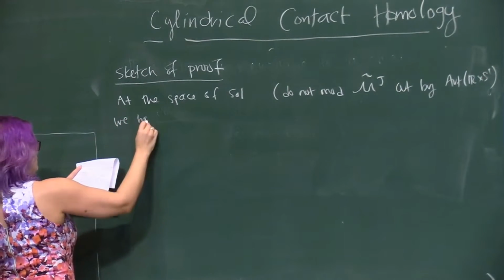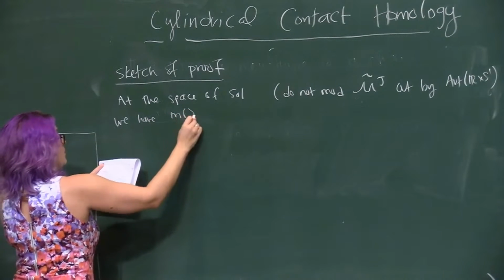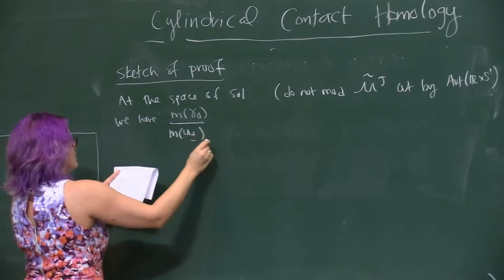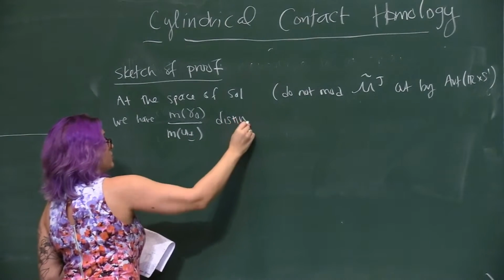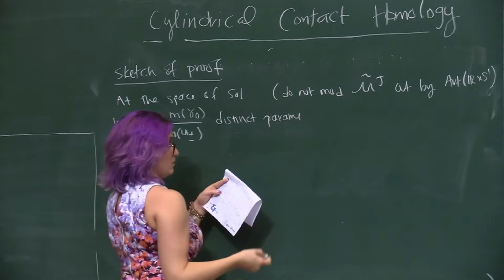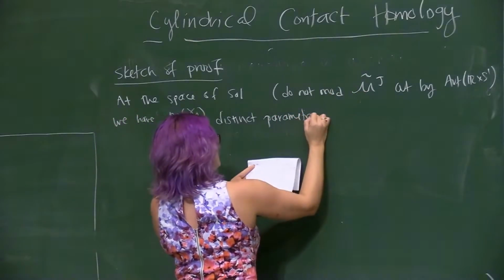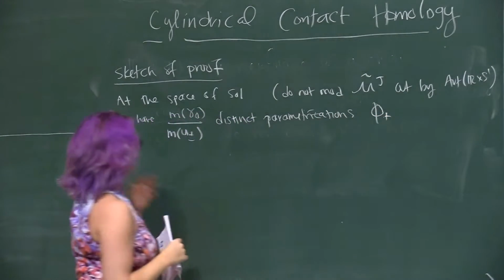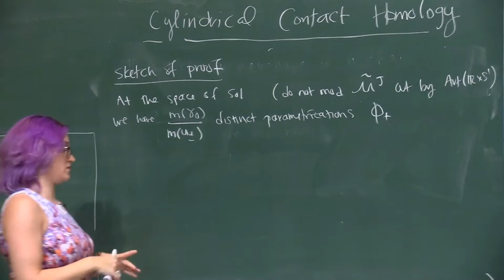We will have m of gamma naught divided by m of u plus u minus distinct parameterizations of curves in M twiddle J. So phi plus corresponds to u plus, phi minus corresponds to u minus.